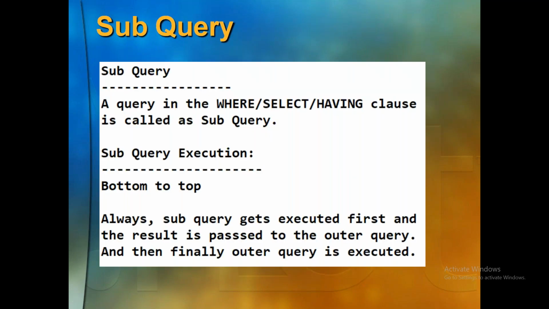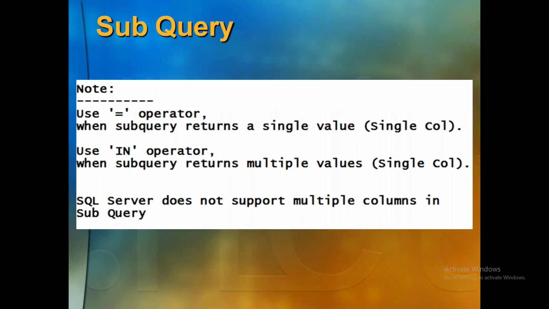A query in the where clause or a select clause or a having clause is called a subquery, and subquery execution is from bottom to top. Always the subquery gets executed and the result set is passed to the outer query, and then finally the outer query is executed. Clear?